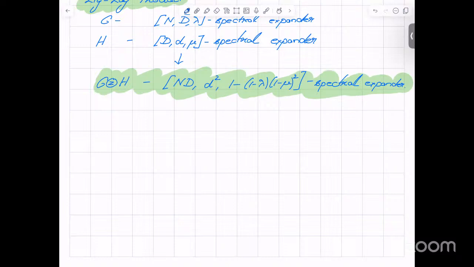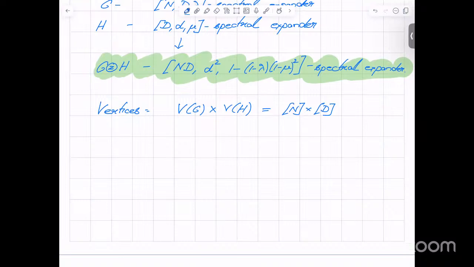That's the ND vertices. You have to tell me the address of the cloud and the address of the vertex within the cloud. So it's capital N times capital D vertices. So the vertex set is exactly vertices of G cross vertices of H, which is N cross D. And so a single vertex is blown into a cloud.